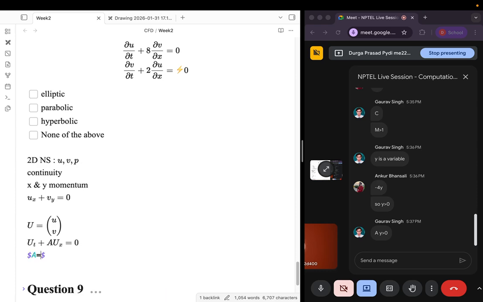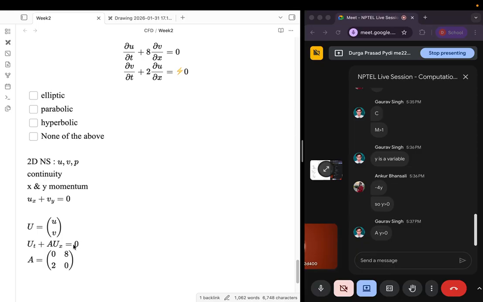How will the matrix look? In the first equation, we do not have any term for del u del x, so the first coefficient will be 0. The second coefficient will be for the v, the next coefficient for u, and the last coefficient for this. It looks something like this. If you multiply this out, this will be the term for del u del x, this is for del v del x, this is again del v del x, del u del x term and del v del x term.